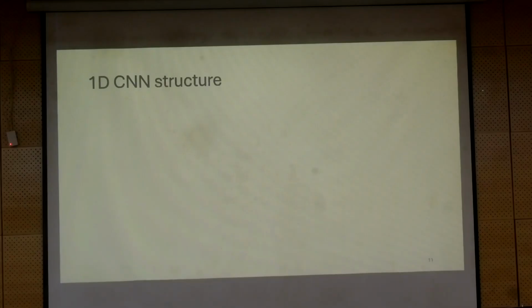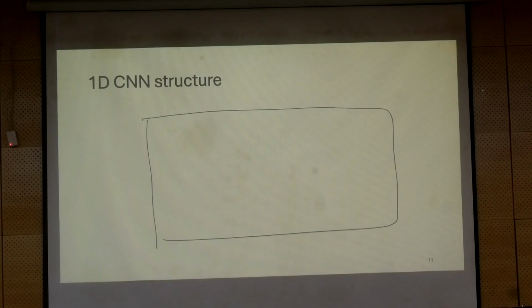So until now we know we have a black box called CNN. This is my CNN, and what is the goal? My goal is, if I give a raw data set in one dimension, if I just feed that in, it should do feature extraction, right?